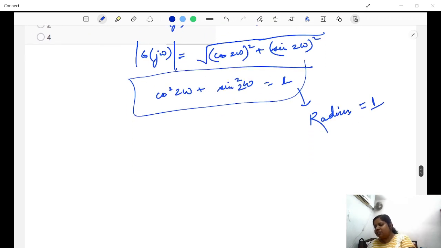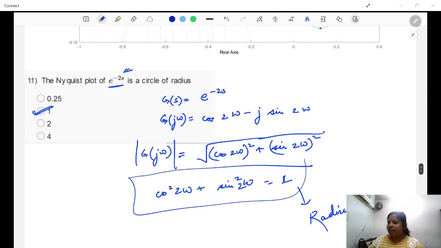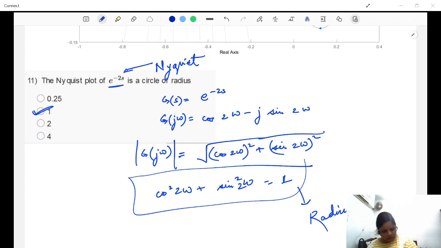Now, if we were supposed to draw the Nyquist plot corresponding to this question, how would we draw it in MATLAB? Like e to the power minus 2s cannot be defined as some numerator and some denominator. Yes, it is correct. So basically, you can also use the Pade approximation that was taught to you.